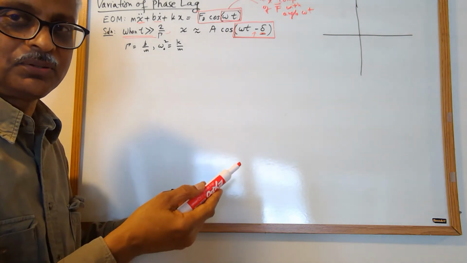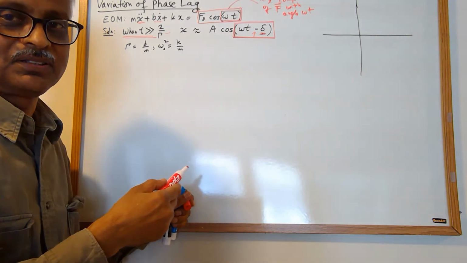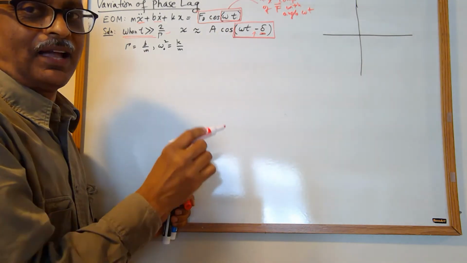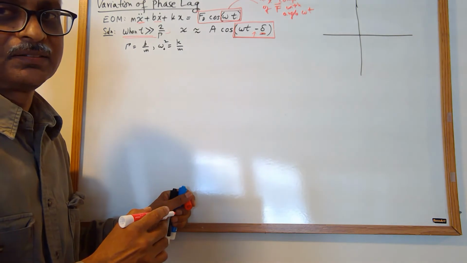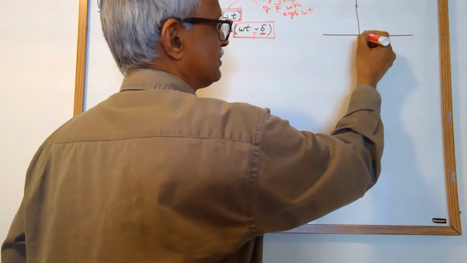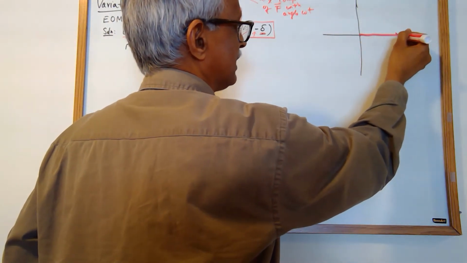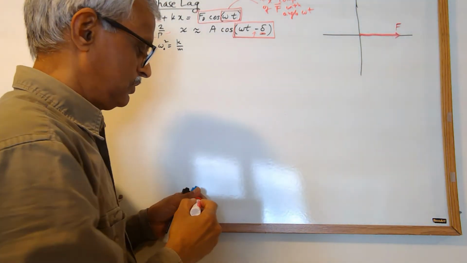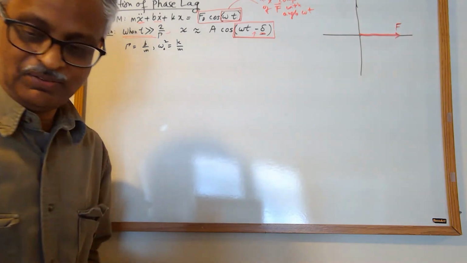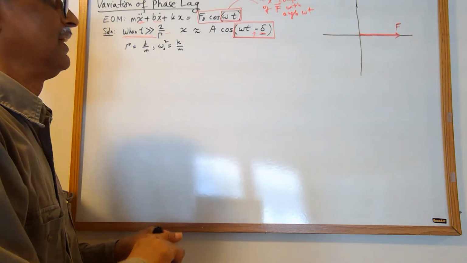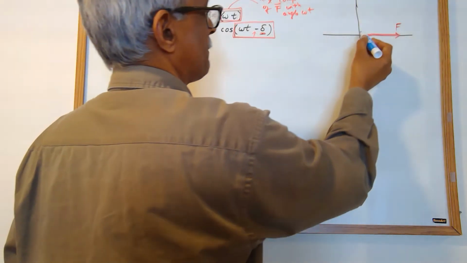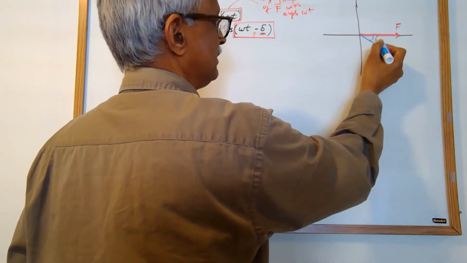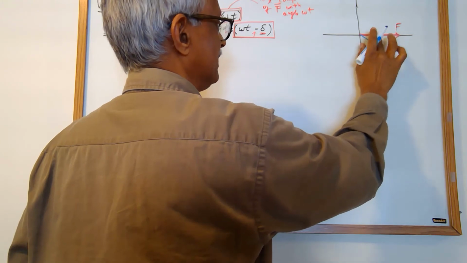So at t equal to 0, you can draw both of these vectors, a vector for this and a vector for that, and that will tell you what the delta means. So if you draw f, it looks like that, and when you draw say x, it will look like that, and that angle will be delta here.